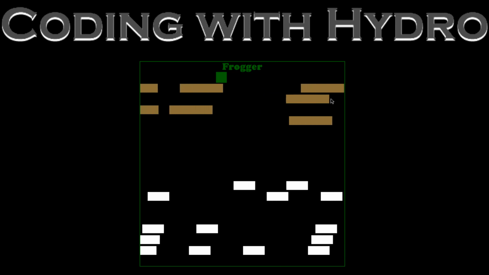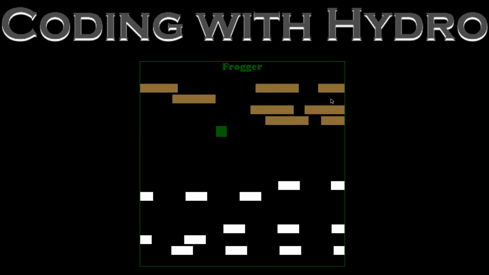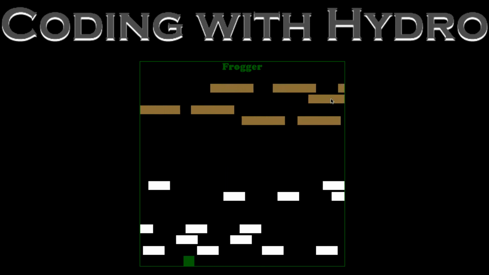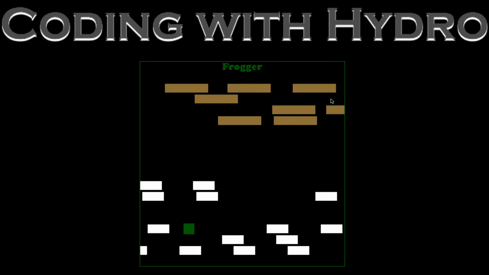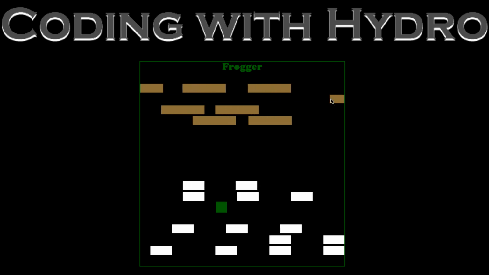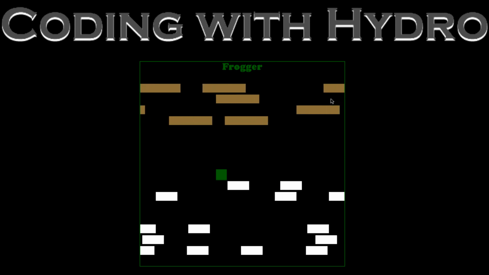I have to come up with a scoring system. Maybe every negative 32 I go up the screen, I get 10 points. I don't know. Or maybe if I just reach here in general, I get 100 points.